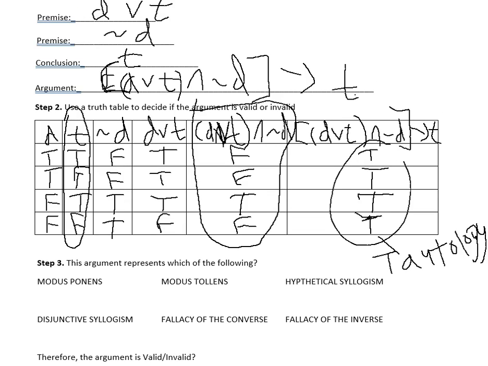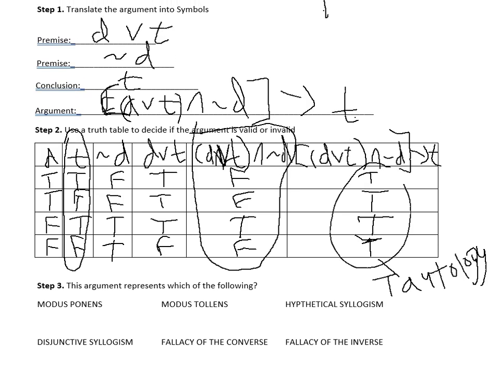We could also decide the validity if we recognize what form of argument it is. It could be a common form of valid or invalid argument. And this argument form, P or Q, not P, therefore Q, is actually a common form of valid argument called disjunctive syllogism.